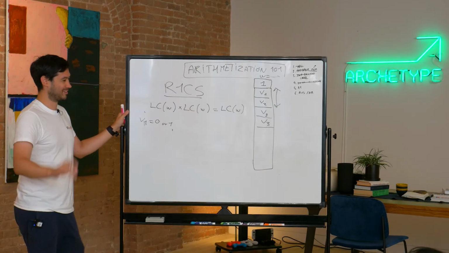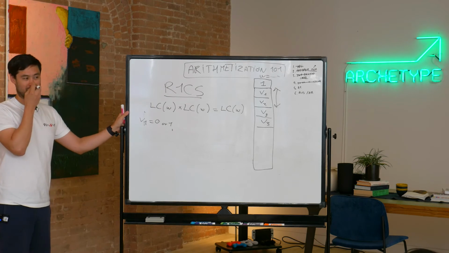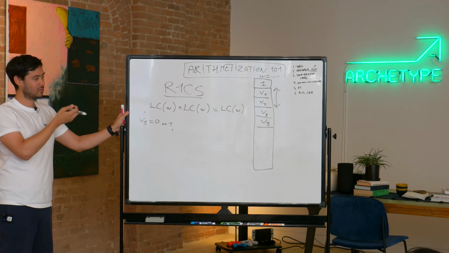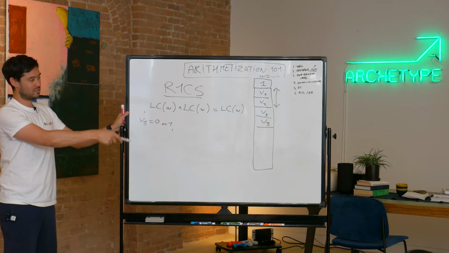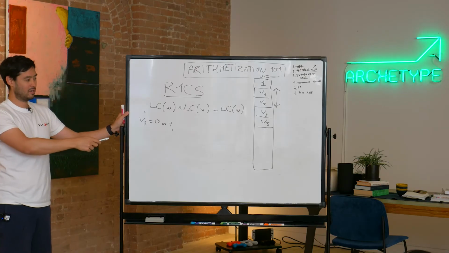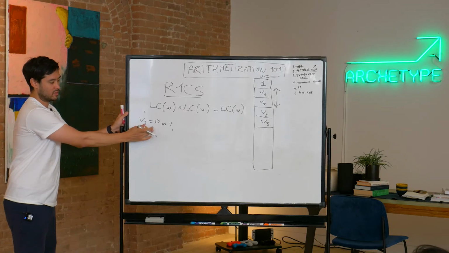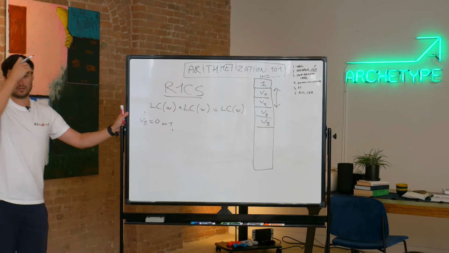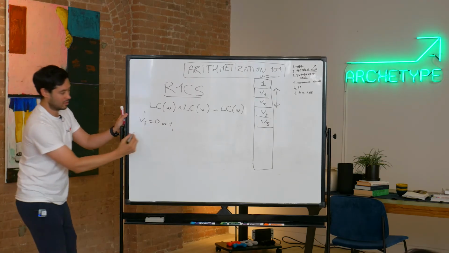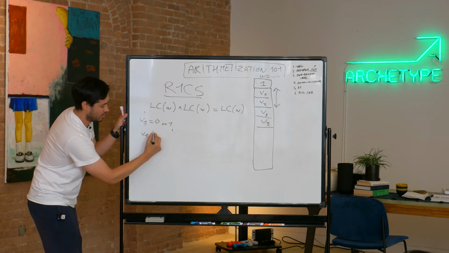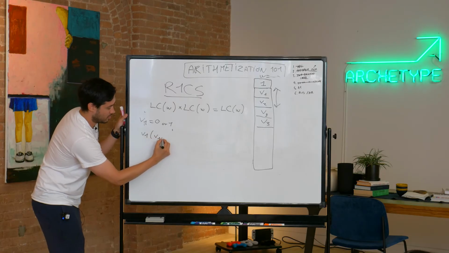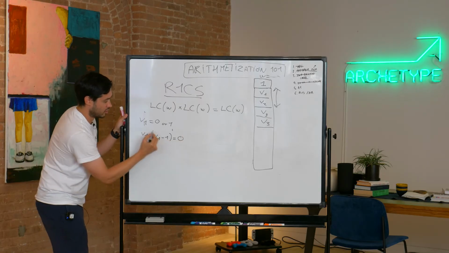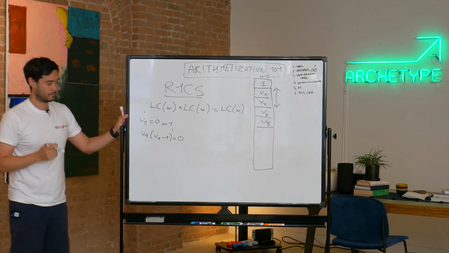Oh no. So how can I take a linear combination of these times a linear combination of this equals a linear combination of this to prove that my variable is equal to 0 or 1? How can I do that? And remember, we're basically trying to say V1 times (V1 minus 1) equals 0. That's what we're trying to do. This is equivalent.